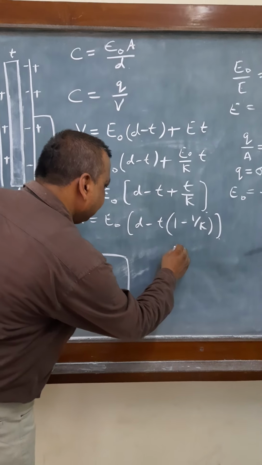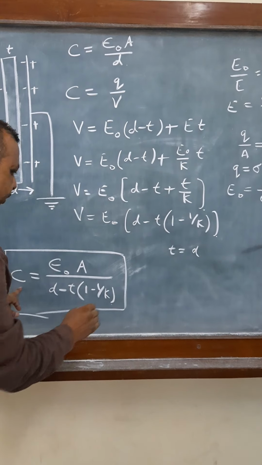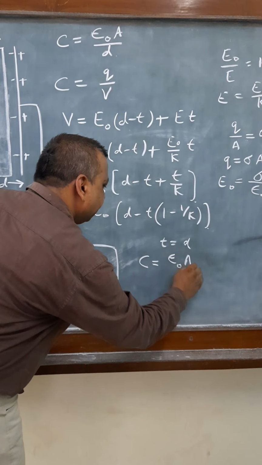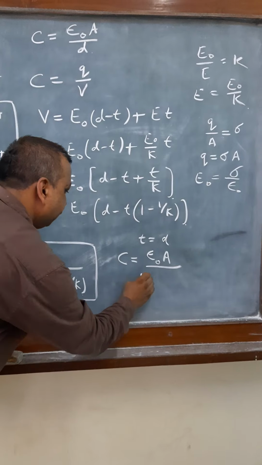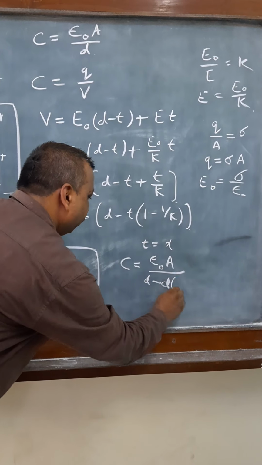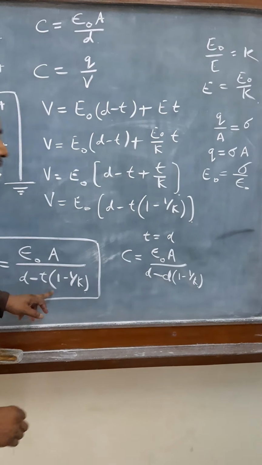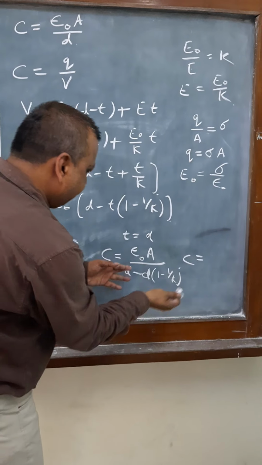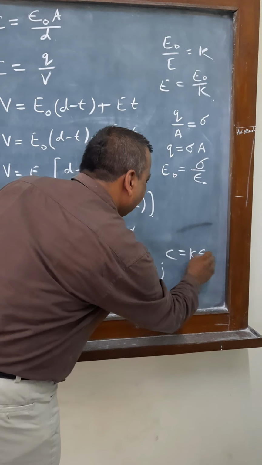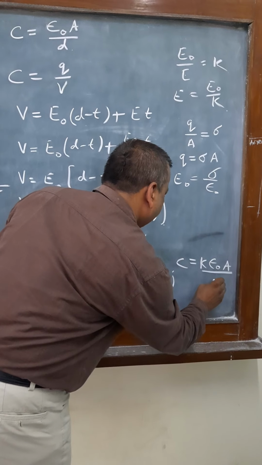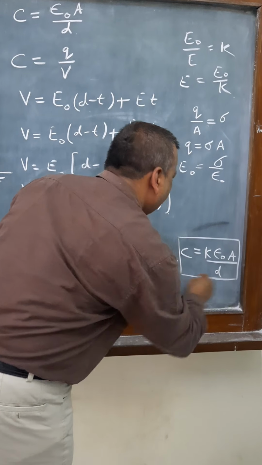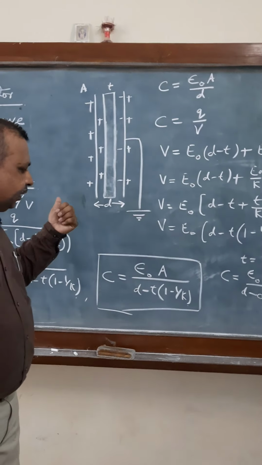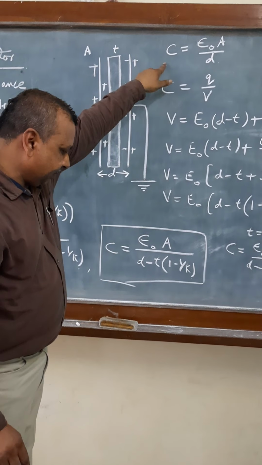In that case t is equal to d, and this expression becomes C is equal to epsilon naught A upon d minus d into 1 minus 1 upon K. So C is found to be K times epsilon naught A upon d.